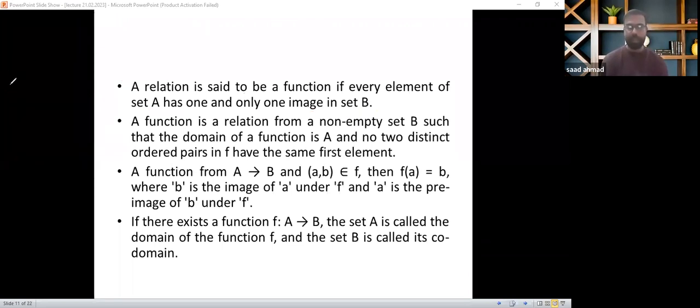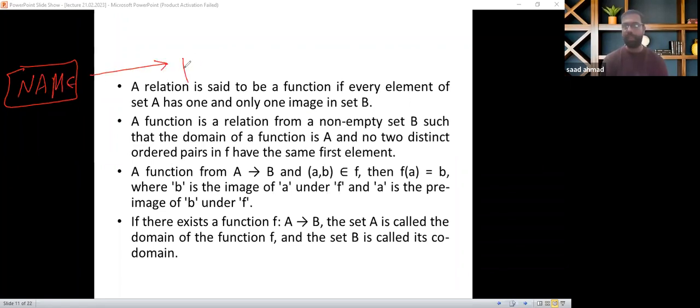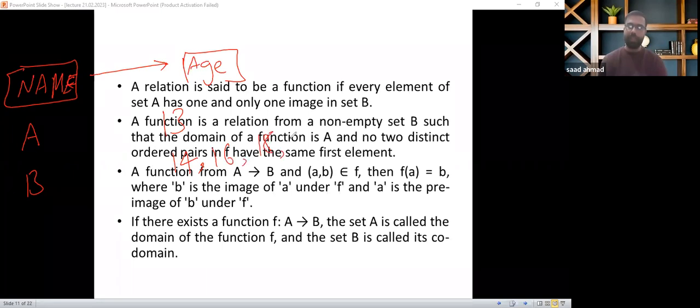So it asks you to enter the name, it processes it and gives you the age out. You enter student name A, you get the age 13. You enter student name B, you get the age 14. But at the same time, you also get the ages 16, 18.